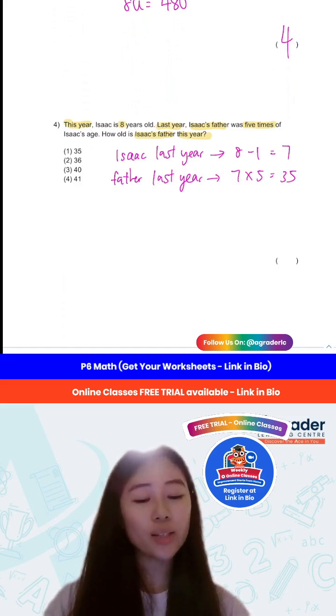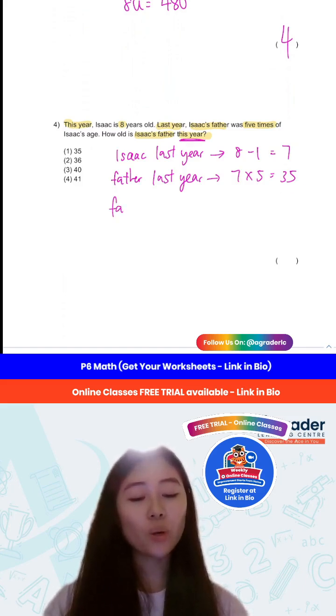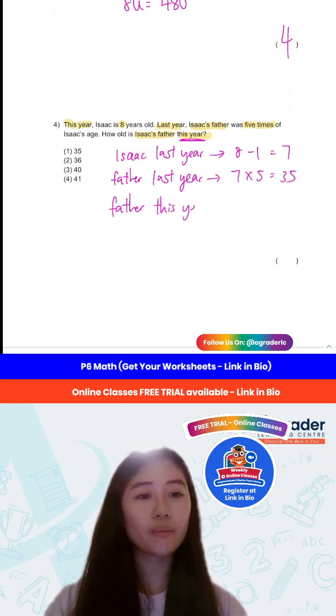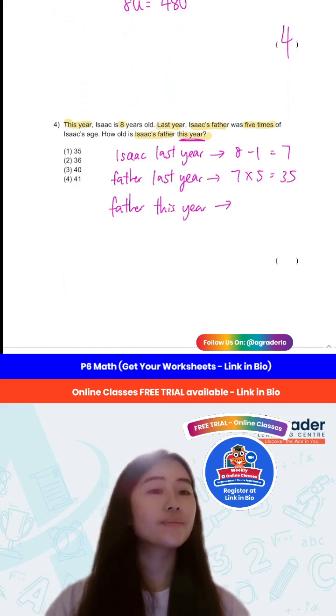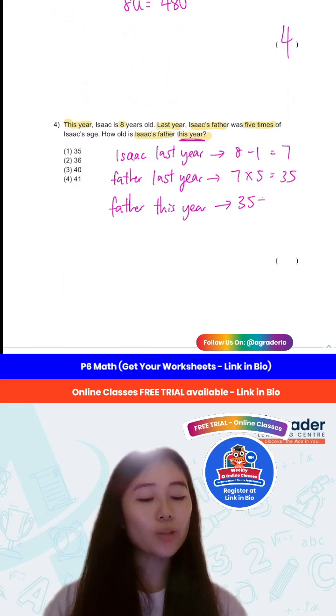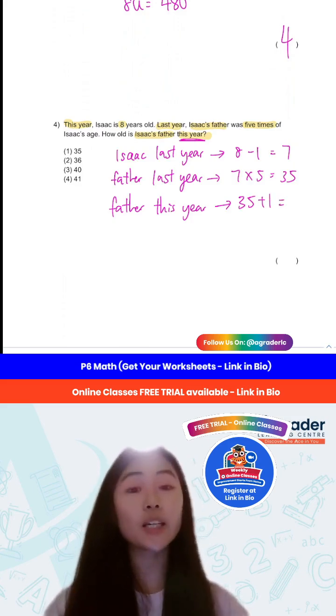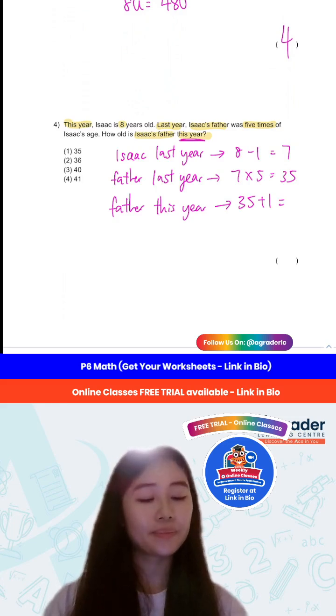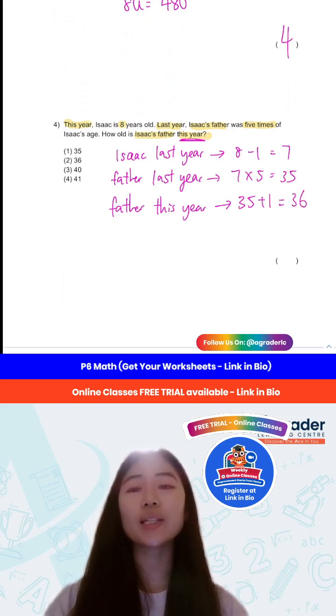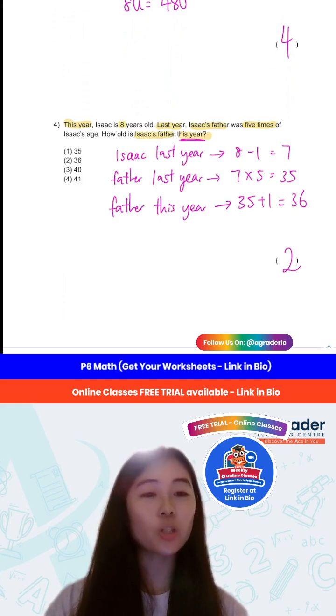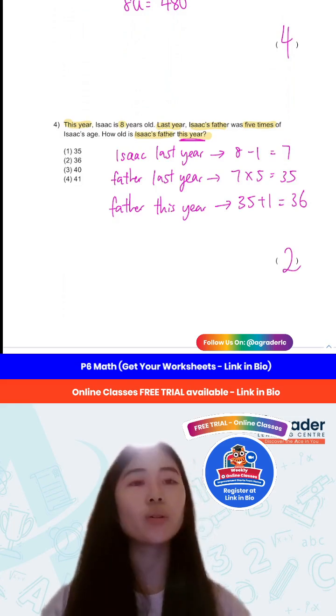But the question wants this year. So I need one more step to find his father's age this year. So all you need to do is to plus 1, because this year he will be 1 year older. Okay, so that's how you get 36, and the answer is option 2, which most of you got correct.